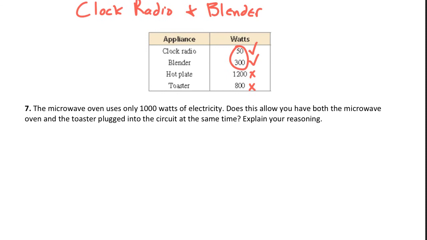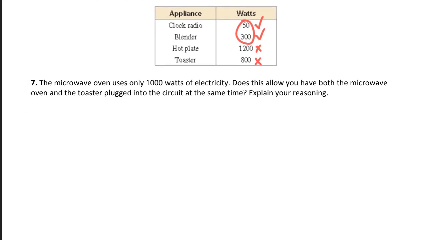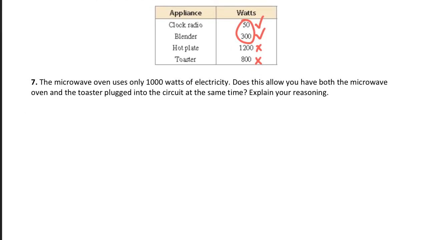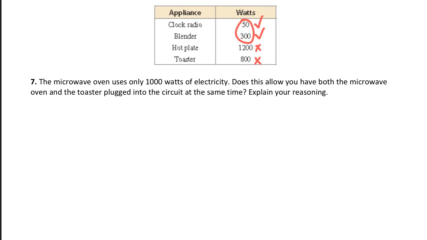So now this one says, the microwave oven, a new one, uses 1000 watts. Does this allow us to have the microwave oven and the toaster plugged in at the same time? Now that's a good question. Because we said our new inequality maybe for this is the wattage of our new device plus 1000, and we said that needed to be less than 1800.